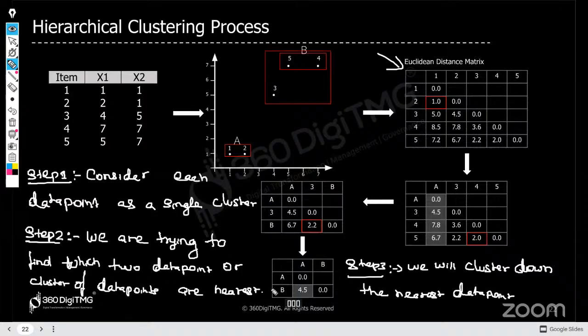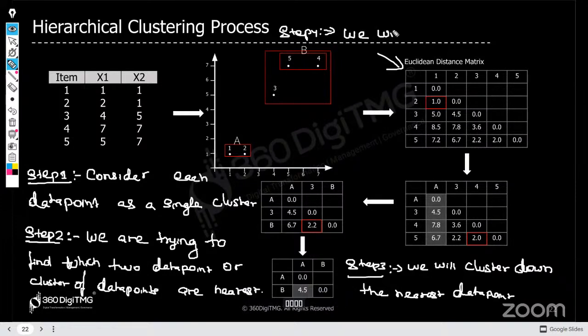And then we will follow step 2 and step 3 over and again until all the data points come under one cluster. Let me write it over here. Step 4. We will perform this task over and again until all the data points come under one cluster.